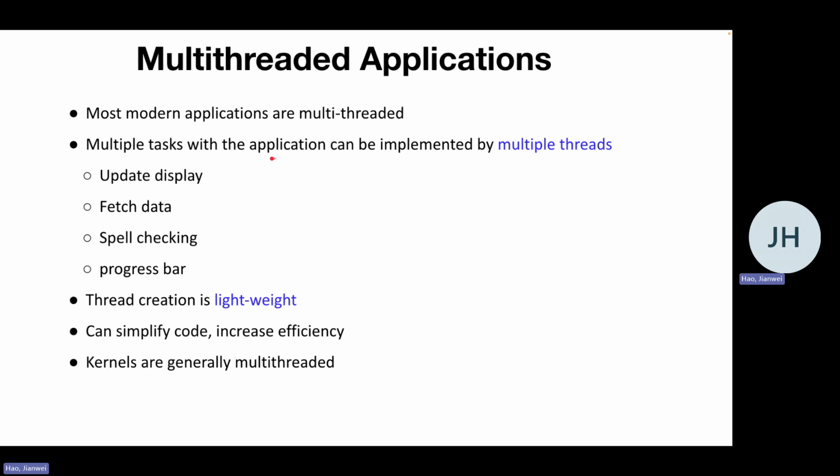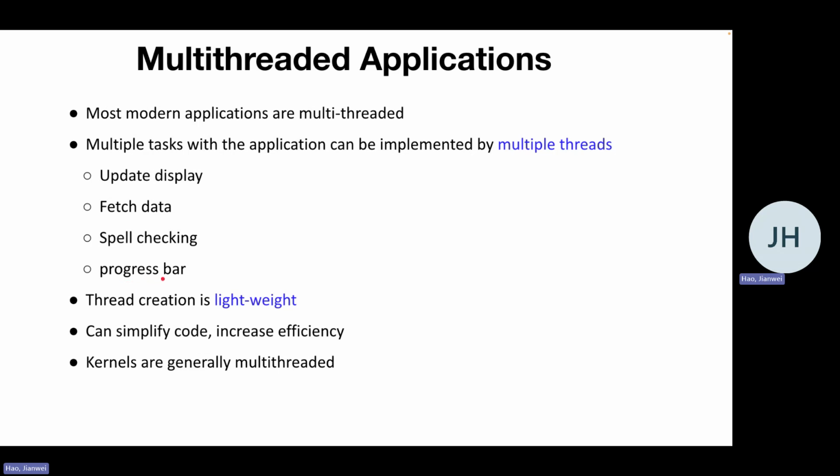And almost all modern applications are multi-threaded, like websites and social media, they need to process different tasks at the same time. So multiple tasks within the application can be implemented with multiple threads, like updating the display and fetching data in the background, or doing spell checking when you're typing, and the loading bar or progress bar.